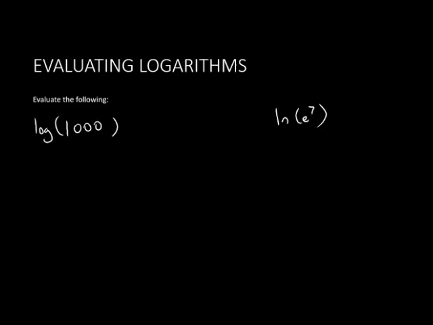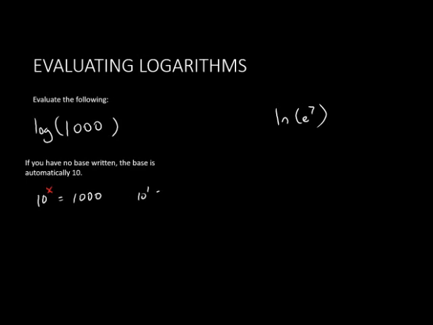Now we'll do a log that doesn't have a base written. Our next expression says log of 1,000. If you have no base, then the base is automatically 10. Therefore, we'll say 10 raised to the unknown exponent, x, is equal to 1,000.